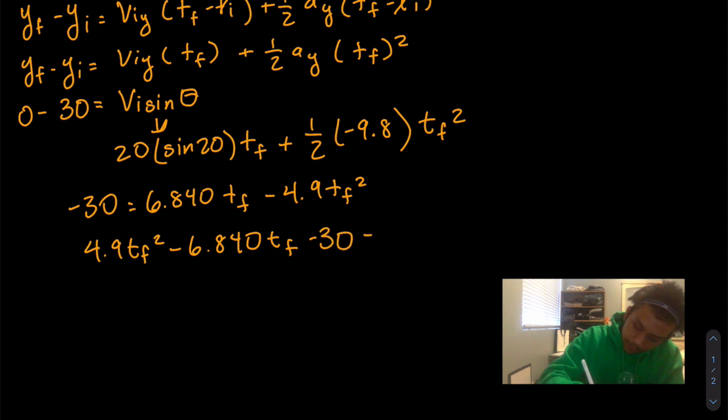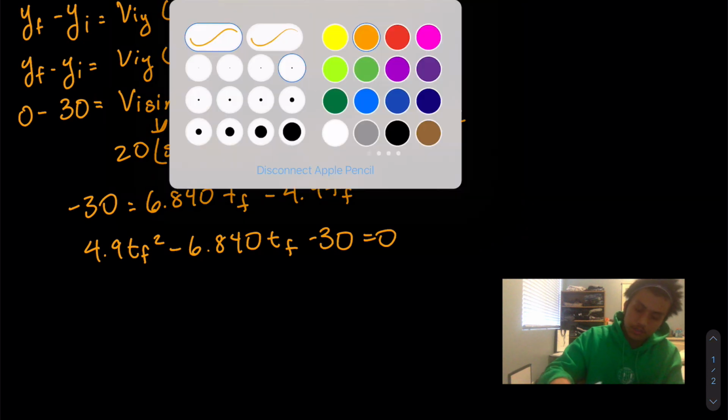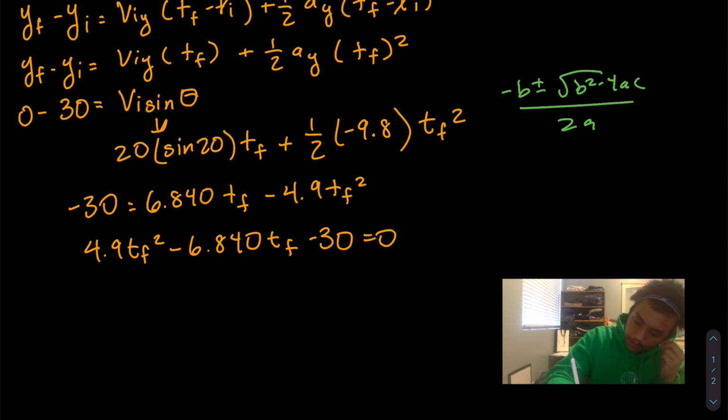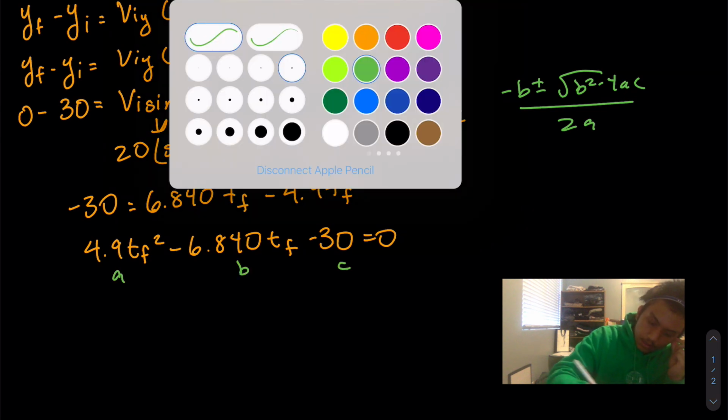minus 30 equals 0. So here we'd use the quadratic formula, negative b plus or minus the square root of b squared minus 4ac, over 2a. Here is going to be your a, here's your b, and here's your c.